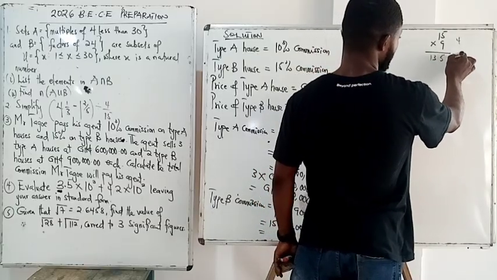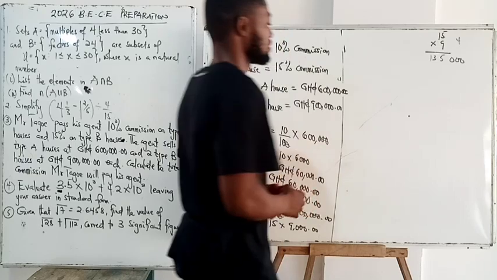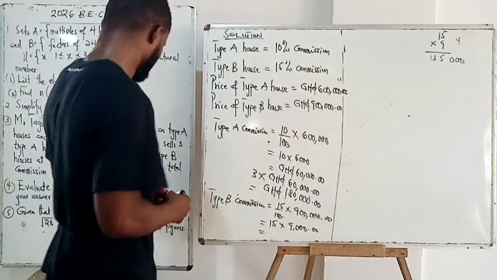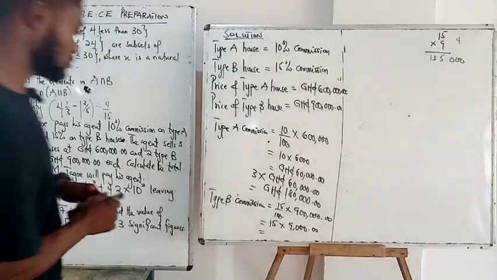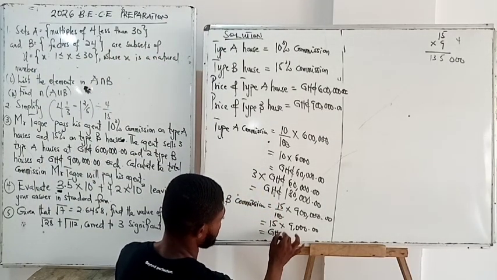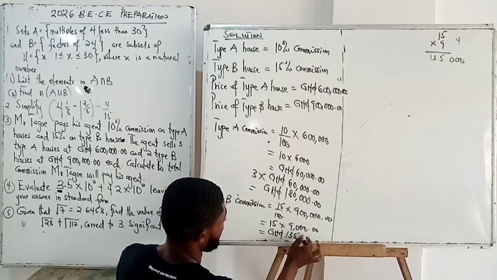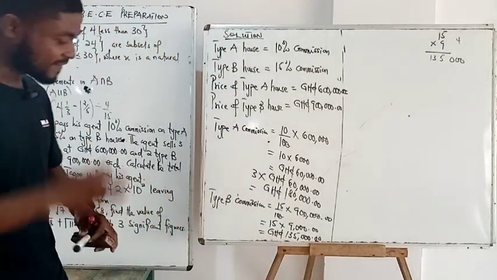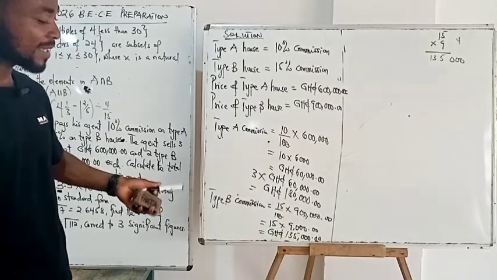I add my 3 zeros. So the agent gets 135,000 Ghana cedis for each of the type B houses.